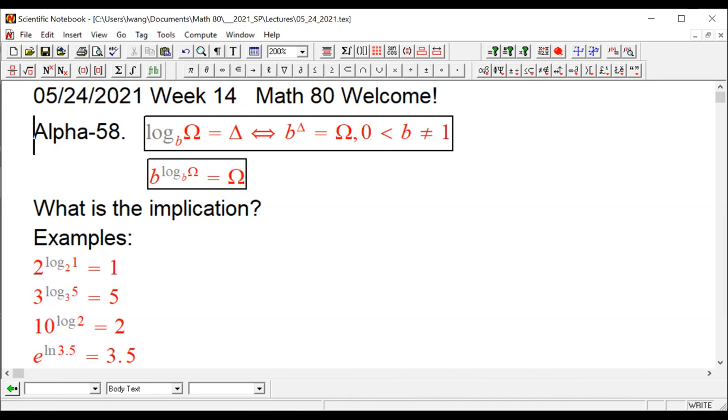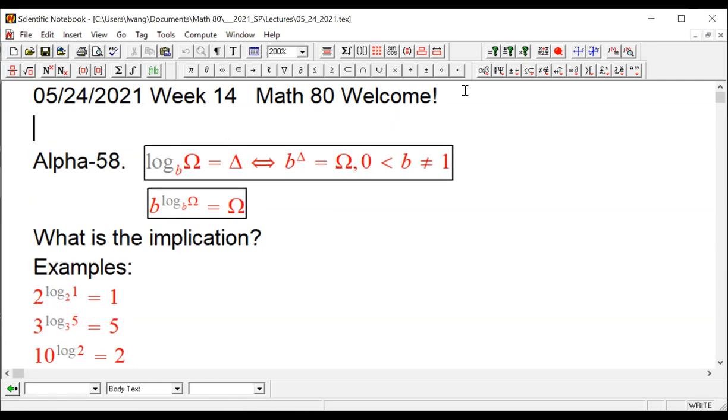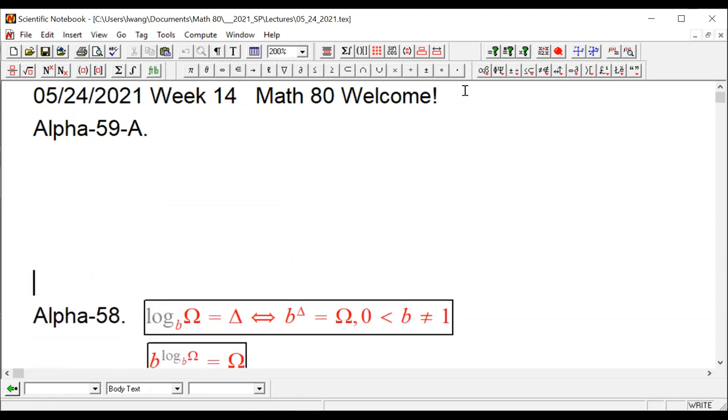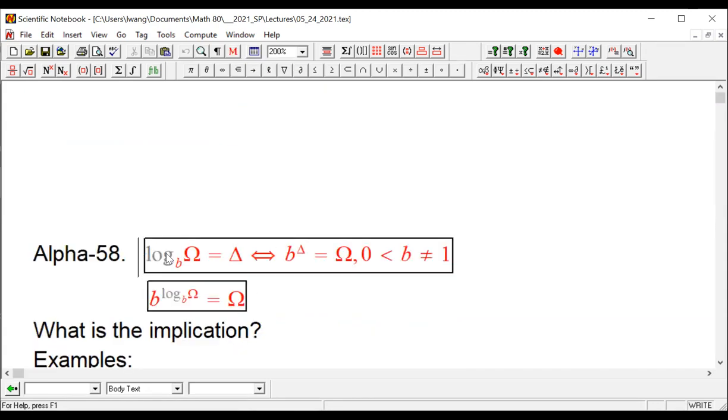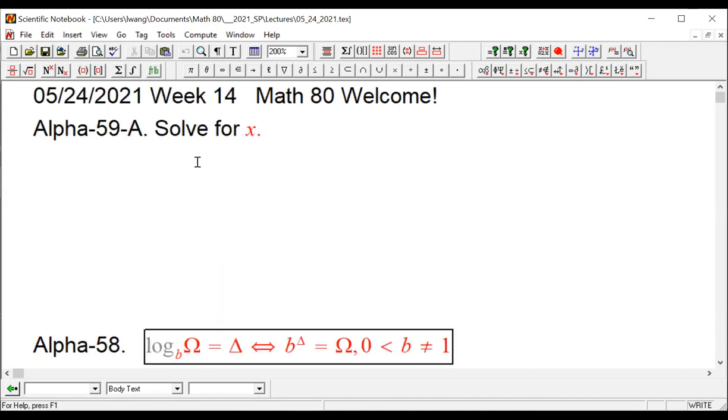We are going to get to 59A. If statement. Solve for X. We're going to look at these if statements. Of course, we have these tools already.